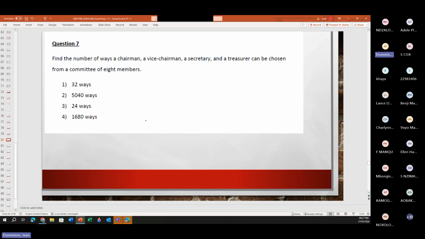That is one of the first things to decide. So let's quickly read. Find the number of ways a chairman, a vice chairman, a secretary, and a treasurer can be chosen from a committee of 8 members.